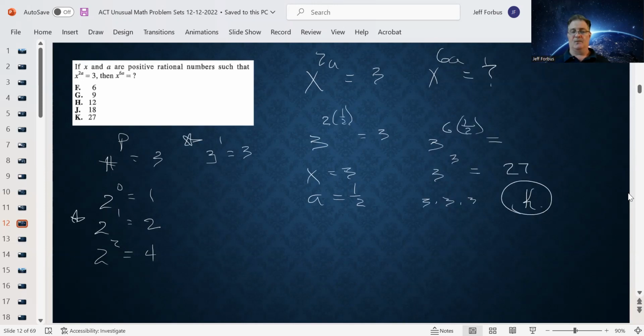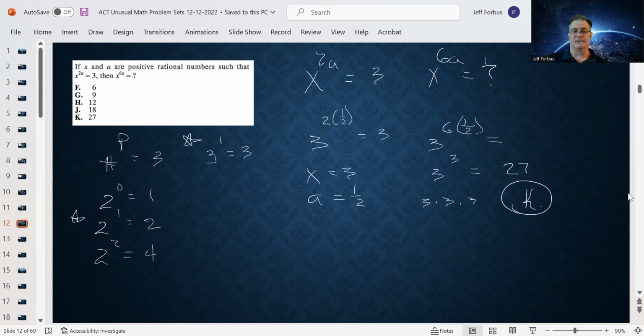And once we did, we were able to find our answer. This is why I call some of the ACT problems unusual. They are very abstract in nature. They're conceptually based. These types of problems occur more frequently in the questions from number 30 to number 60.